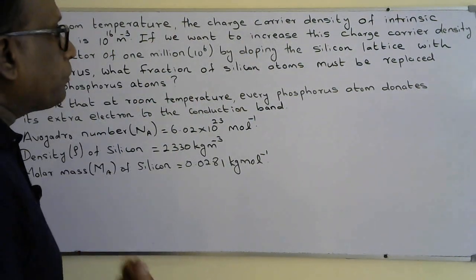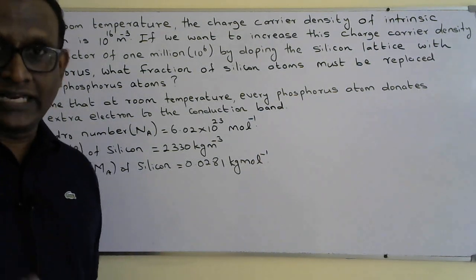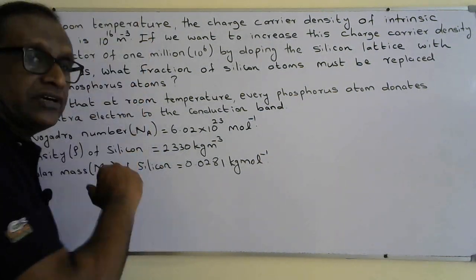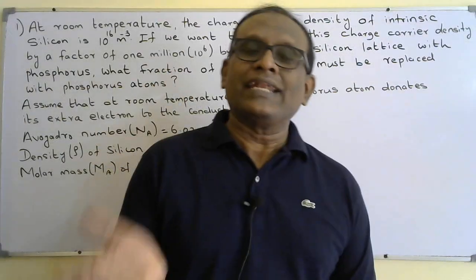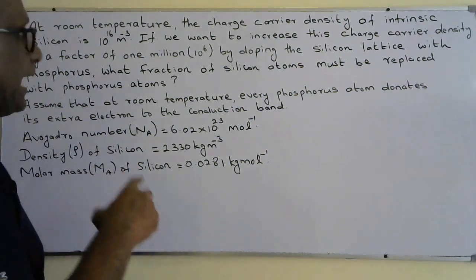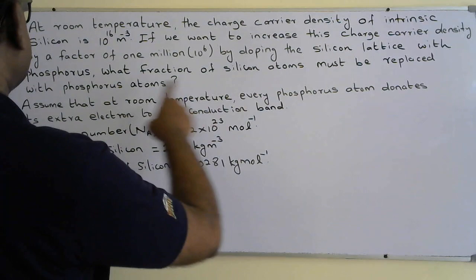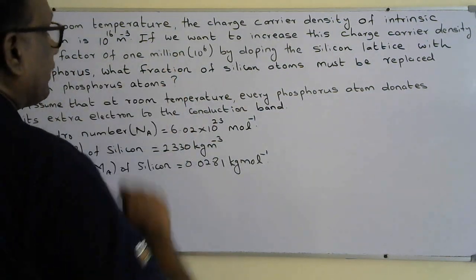Now they are going to dope it with phosphorus, a group 5 element, in order to convert this intrinsic semiconductor to an N-type semiconductor. After doping, they are expecting an increase in the charge carrier density by a factor of 1 million.